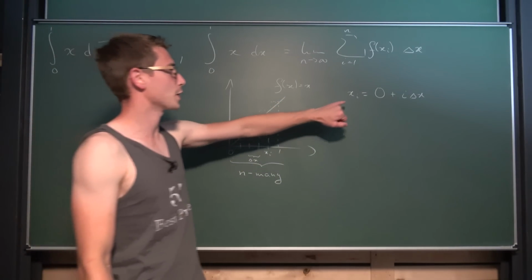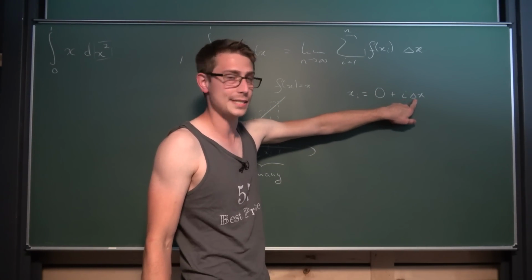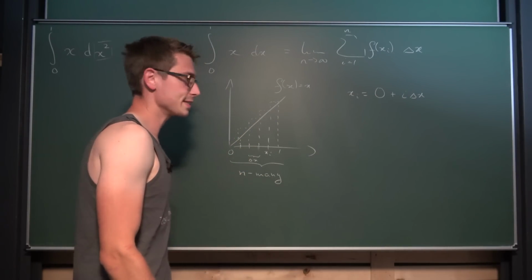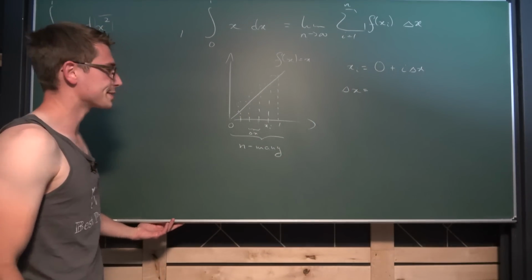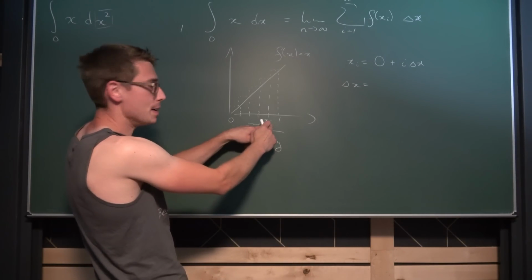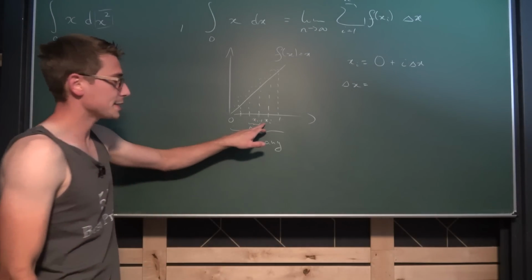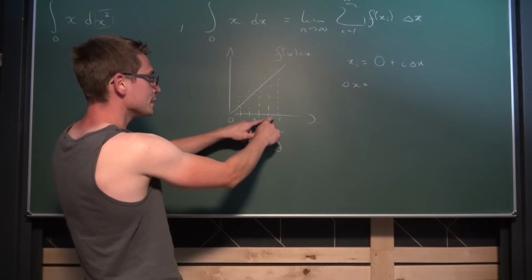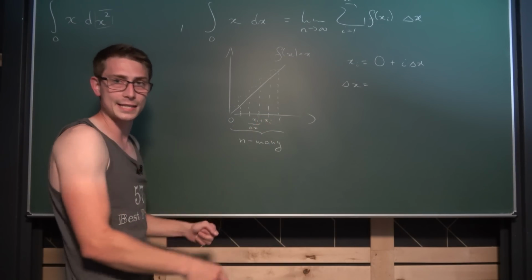This right here is an expression for our xi, but this includes delta x yet again. What is delta x exactly? Now delta x you can define in different ways. What you can say is that delta x is, if you have the xi member and you subtract from it the xi minus 1 partition, then obviously this right here is going to just give you the distance between those two, xi and xi minus 1.